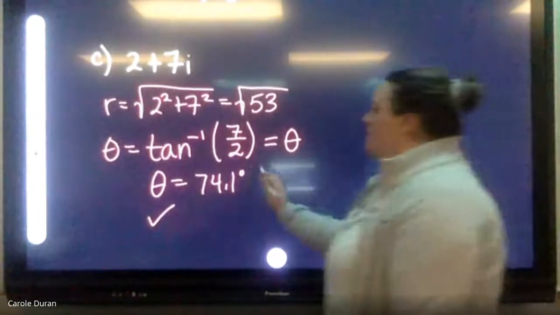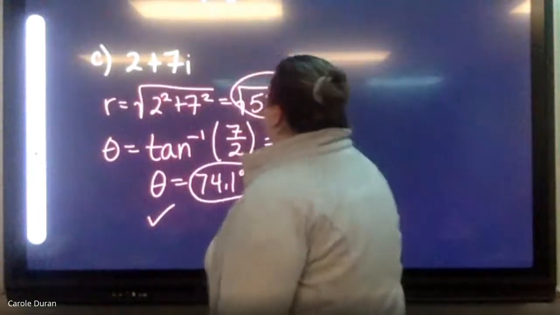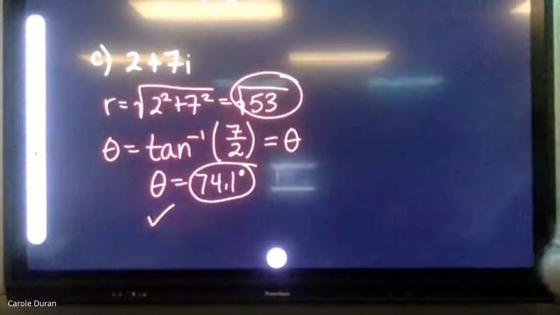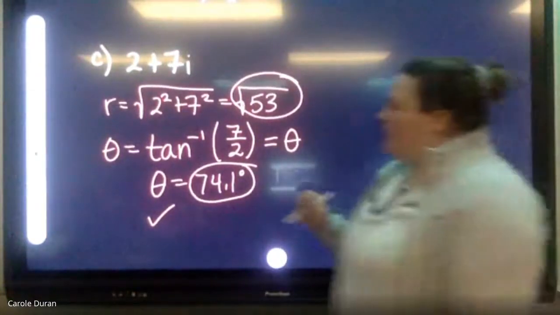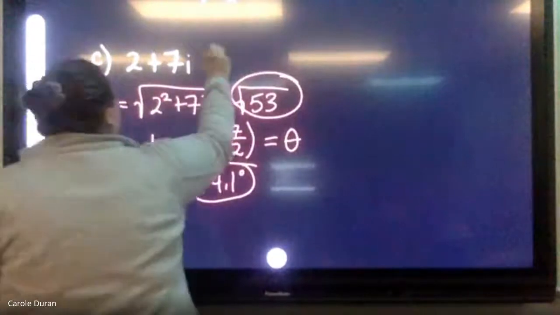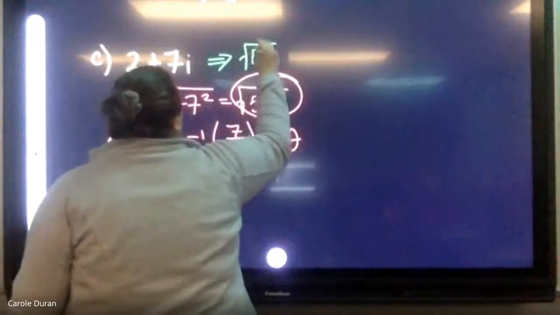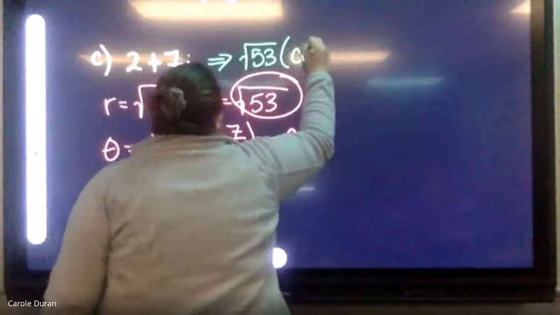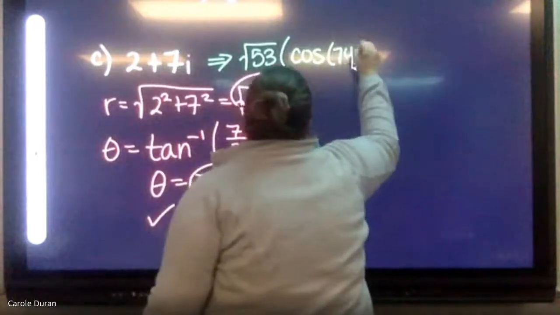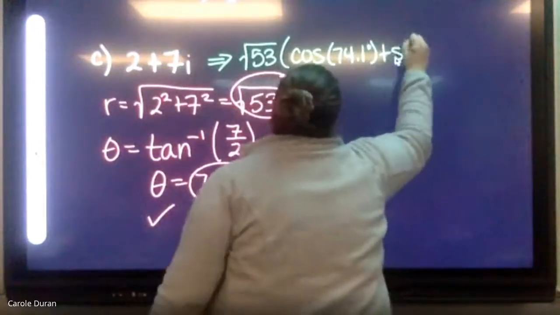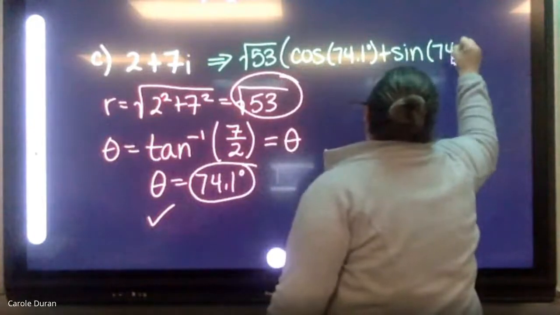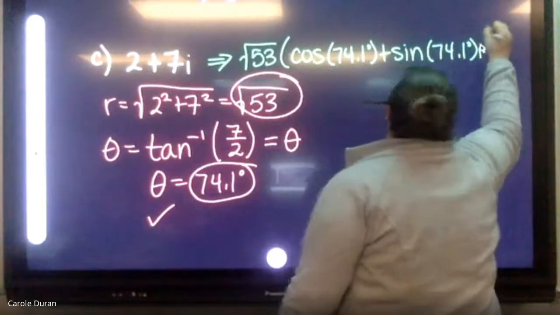So this one works, and I have my R value, which means I'm ready to rewrite this in its correct trigonometric form. And when I do, it's going to be the square root of 53 times cosine of 74.1 degrees plus sine of 74.1 degrees i.